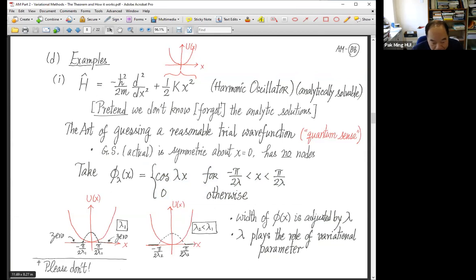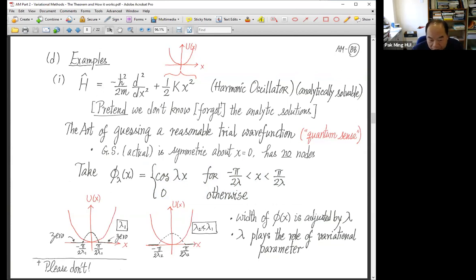This is cosine lambda x for one value of lambda, lambda 1, for example, okay? And then when it touches 0, it remains 0. The place here is pi over 2 lambda 1 for this lambda 1, okay?